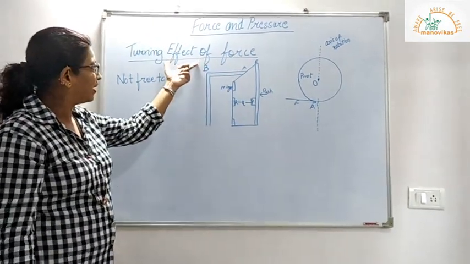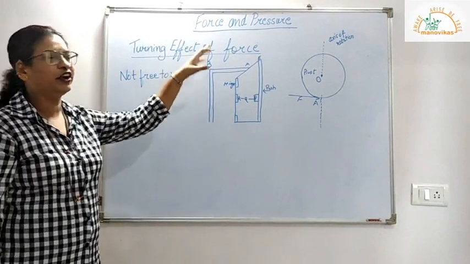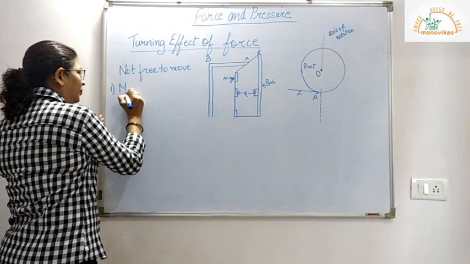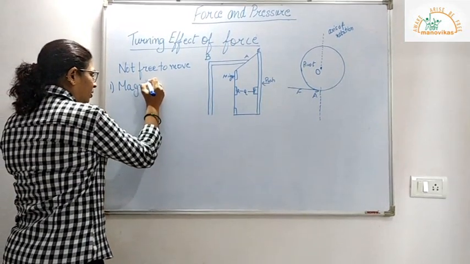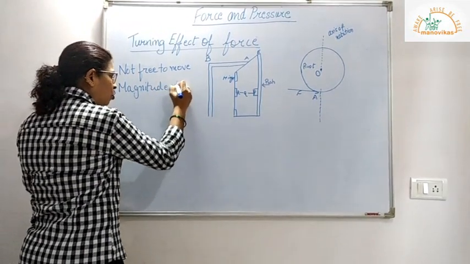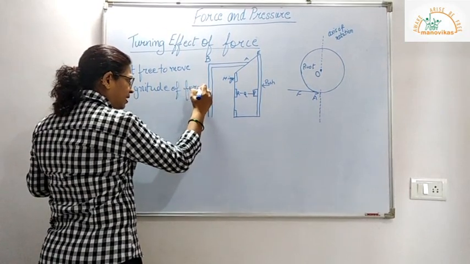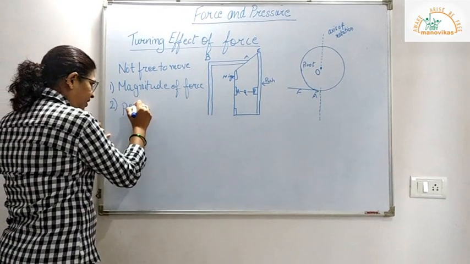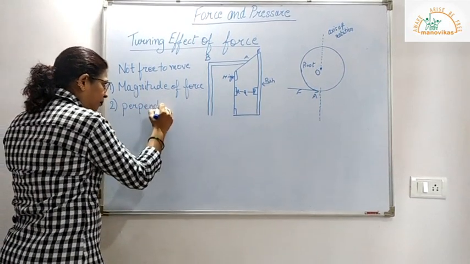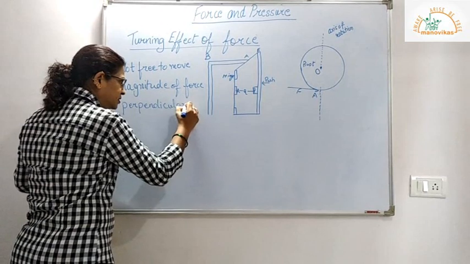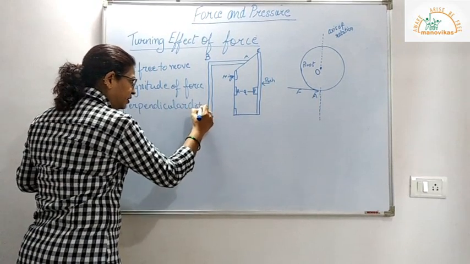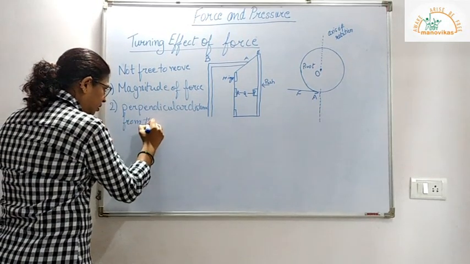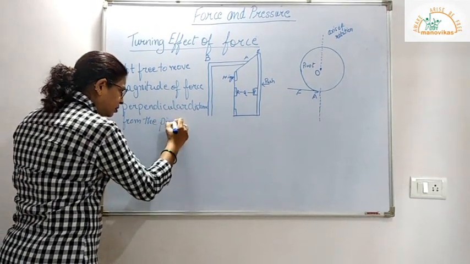Now the factors which affect the turning effect of the force are, the first factor is the magnitude of force applied, and the second factor is the perpendicular distance from the pivoted point.